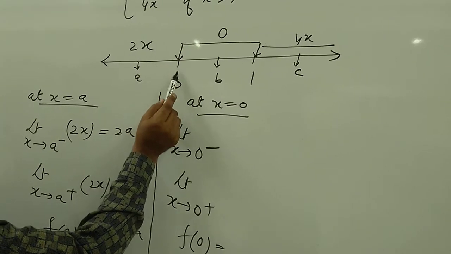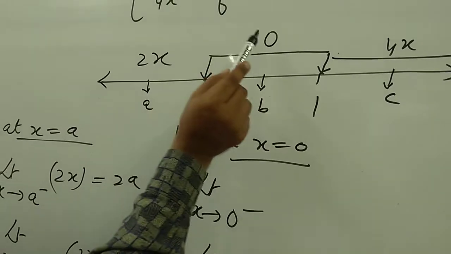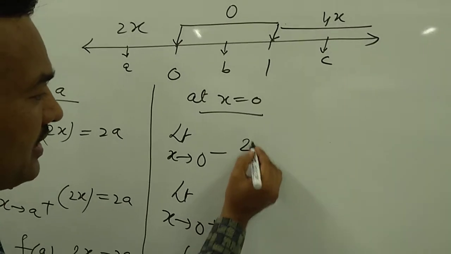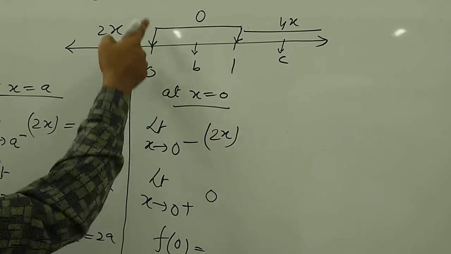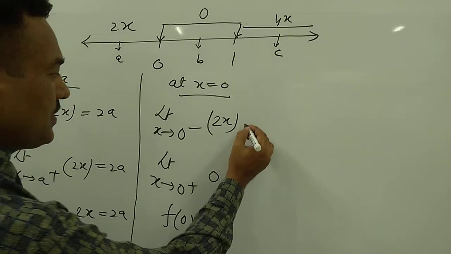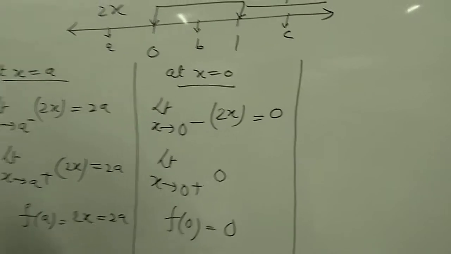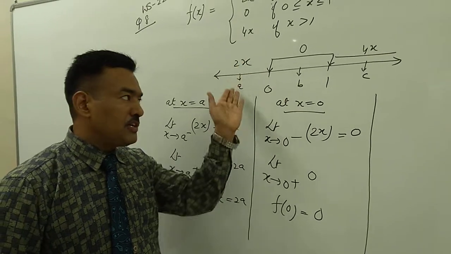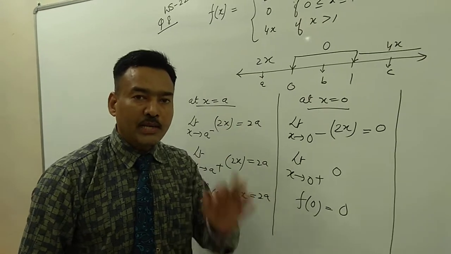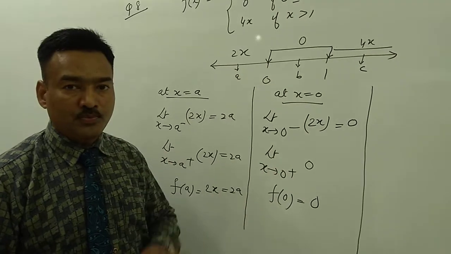And at 0, where it is arrowed, it is 0. Putting 0 in 2x, this also comes 0. So you see, the function is changing at 0, but the left hand limit, right hand limit and value of the function at that point come the same. It means the function is continuous at 0 also.